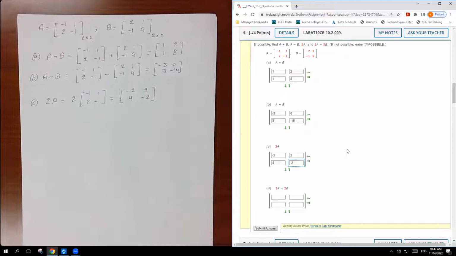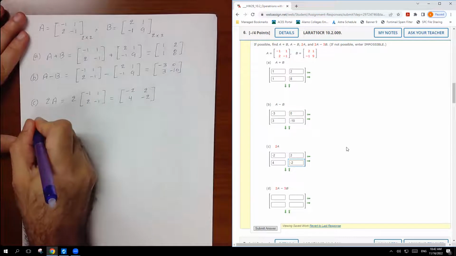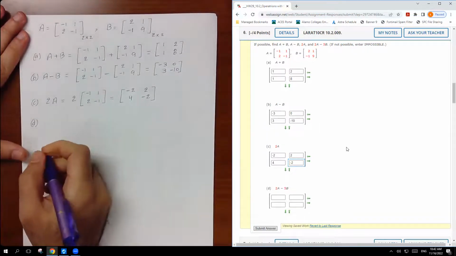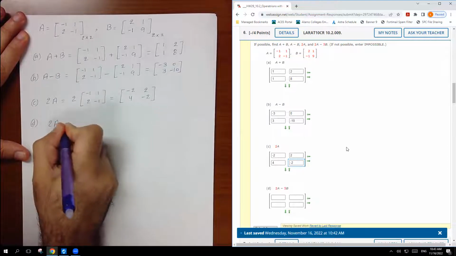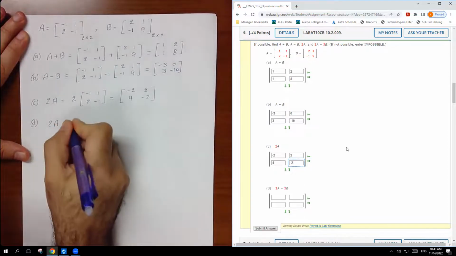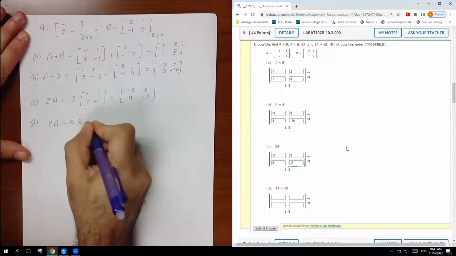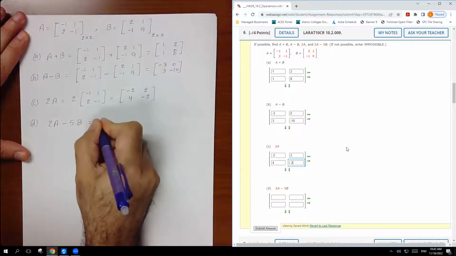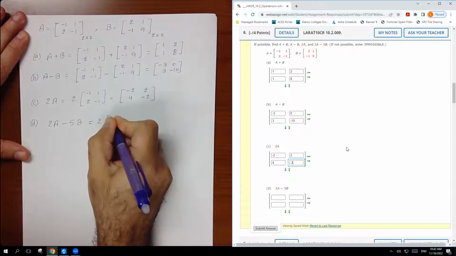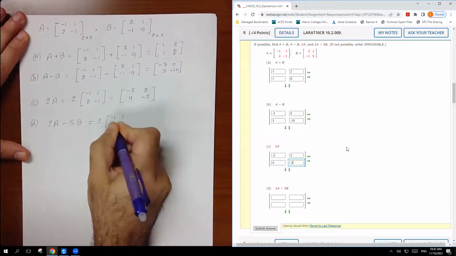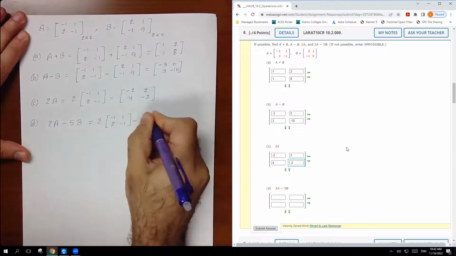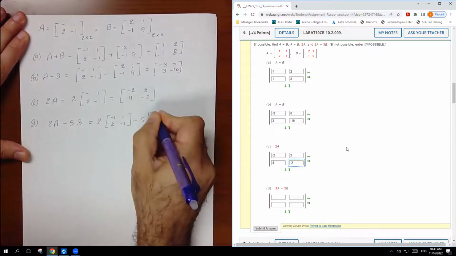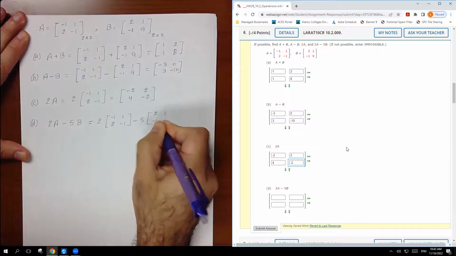This is for C. For D, we have two scalars. We have 2 times A minus 5 times B. So it means 2 times the matrix A, which is -1, 1, 2, -1, minus 5 times the matrix B, which is 2, 1, -1, and 9.